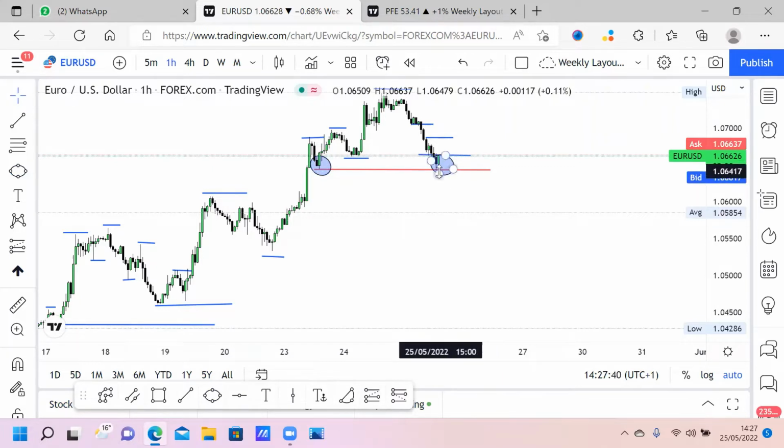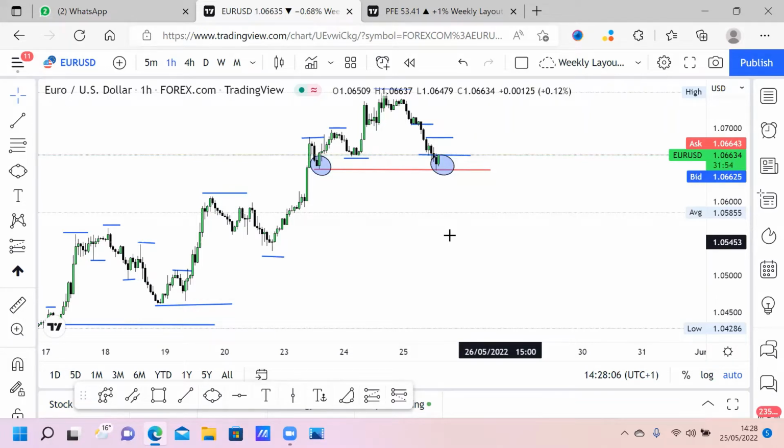What could happen is, here price went down, price went up, price went down, did not go below here, price went up. So again here, it could be a reversal, as in go back up. But if it keeps on going down past this red line, that means the downtrend will continue.